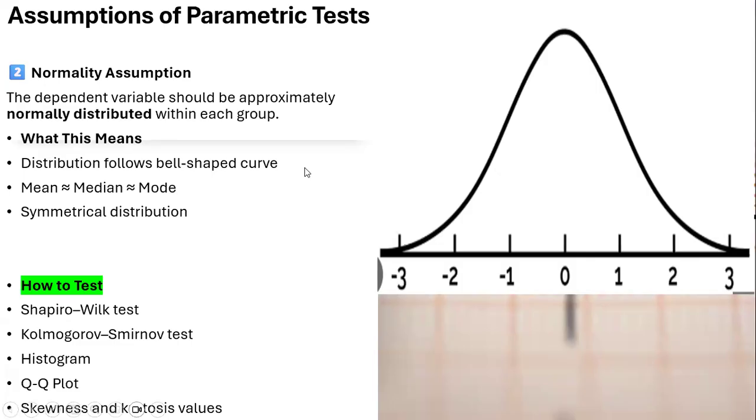Normality assumption. The idea behind the normality assumption is that anytime you plot your data sets, particularly the dependent variable, on a normal graph, which we call the Cartesian plane, it should be bell-shaped, normally distributed.